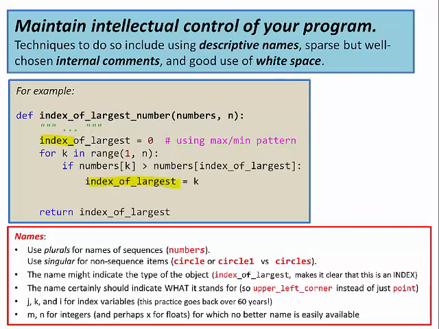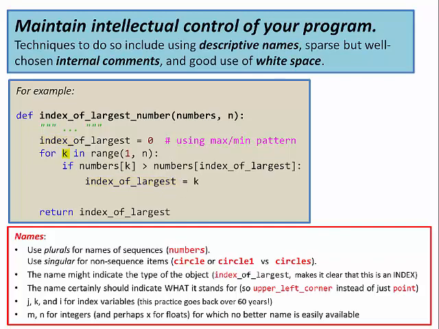So index of largest is the index of the largest number you've found so far. Similarly, instead of just point, if you're doing something with rectangles, you'd write upper left corner if that's the point you're talking about. Again, the more descriptive the name can be, the better. You don't want terribly long names. That just makes them hard to read. But within reason, descriptive names.